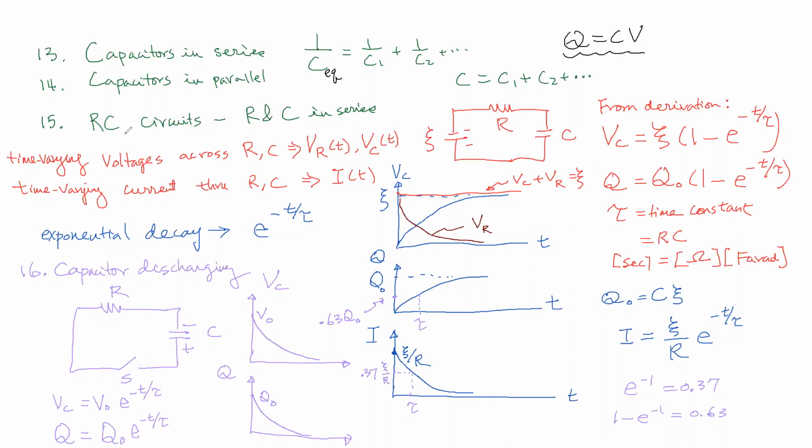Number 15, the RC circuit. We're looking at one special case when the R and C are in series. So this is just a special case of an RC circuit. The important thing is that the voltage across R and the voltage across C in this type of circuit is a time varying situation.